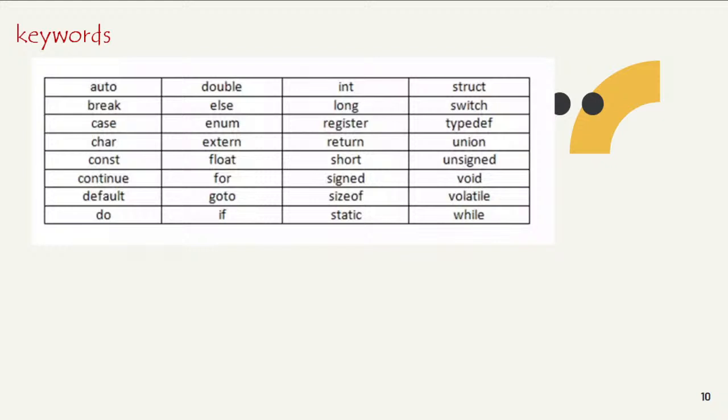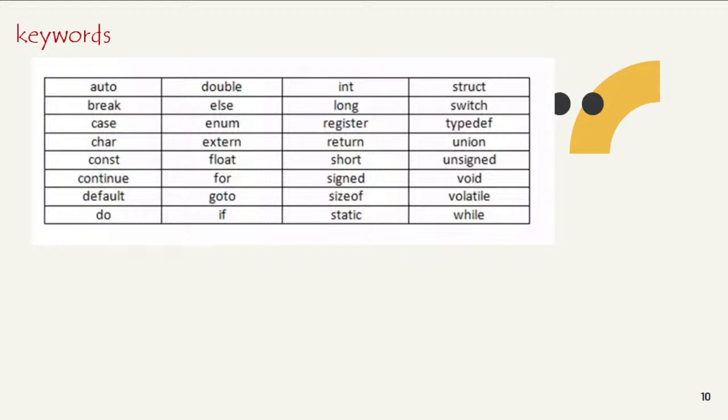And then we can use void for the return type, and we can use struct and union for creating structures and unions in C programming language, and we can use enum and typedef for defining user-defined data types. sizeof is a special operator which is used to find the size of a particular data type, variable or structure.